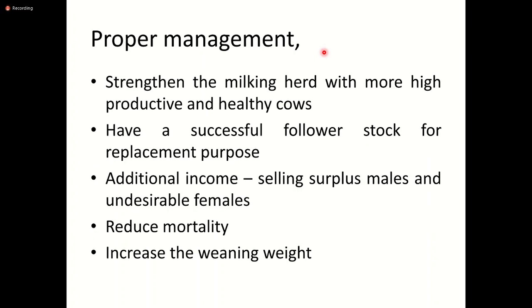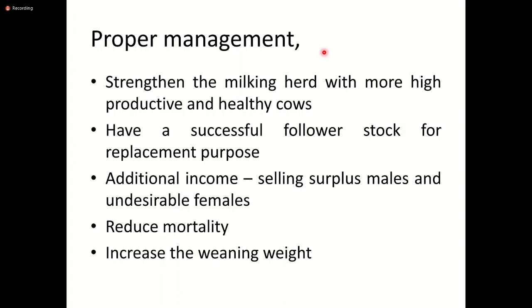What happens if we cannot do that, we will discuss later. If we do this management in a proper way, what are the basic benefits a farmer can receive? Basically, they can reduce the mortality, which means the number of animals that die.